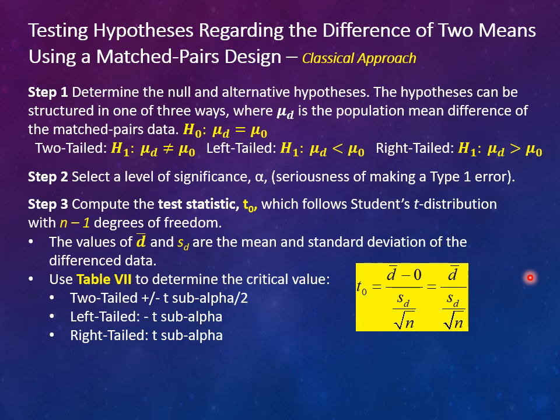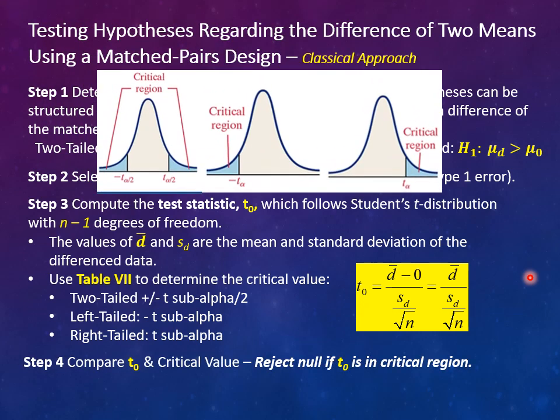And remember that table 7 is a table for right-tailed values, and so that's why we use negative t sub alpha, and also t sub alpha over 2 for the two-tailed. I think it's a little more clear when you look at this.